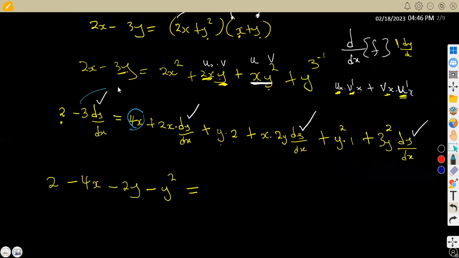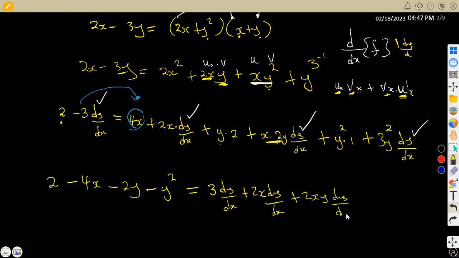If we transpose this to the right-hand side, it is going to be positive. Remember, it was a negative. So this is going to be 3 dy dx, all right? Here we've got 2x. We are going to have 2x dy dx, all right? On this one, it's x times 2y, which is 2xy dy dx, okay? Plus, on the other end, we've got 3y squared dy dx, all right?